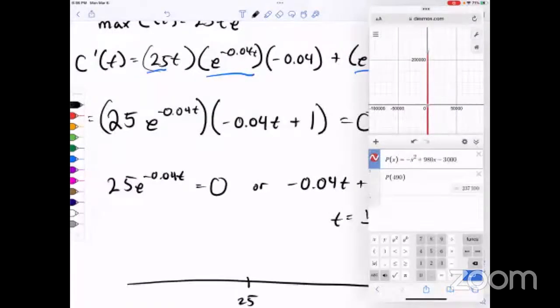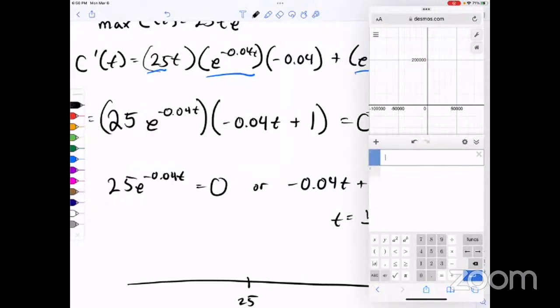Okay, let's put in this first derivative. I'm going to get rid of this and this. For right now, I'm just going to call it C of T. And I'm going to assume that what we have is proper: 25 e to the power of negative 0.04 t.